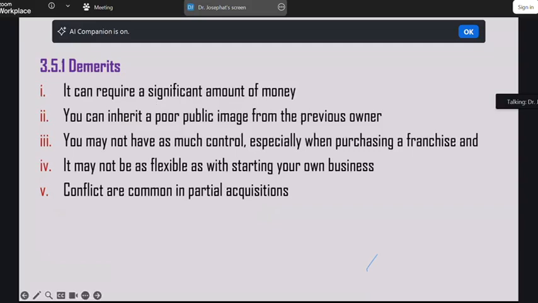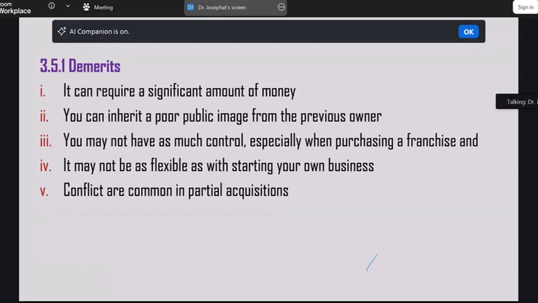It can require a significant amount of money. So in order to acquire those, unahitaji uwe na mtaji to start the new ones. You can inherit a poor public image from the previous owner. Pia kama ile biashara ilikuwa na image yake kwenye public ni mbaya, una inherit all those bad things about the business. You may not have much control, especially when purchasing a franchising.